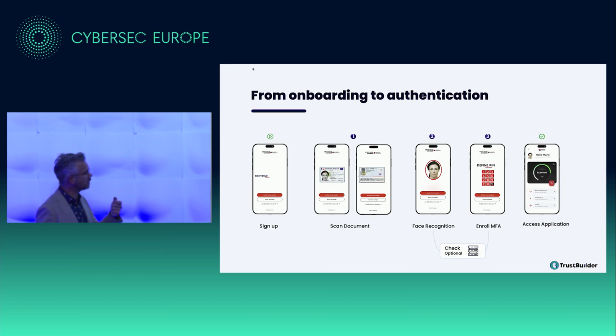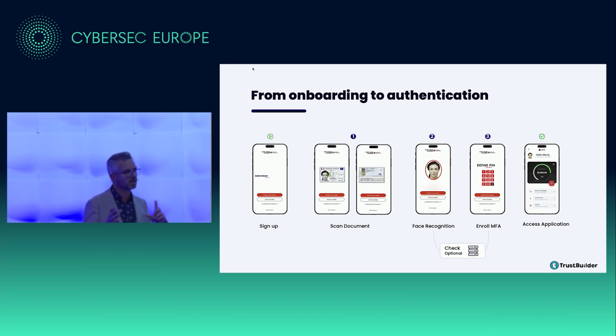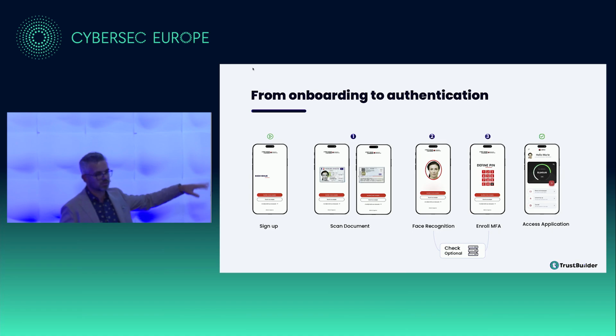Then take a selfie. You have to do some face movement to see if it's a live picture, and also to counter AI attacks with facial replacement. Then optionally we can do all the security checks, the KYC checks, and so on.